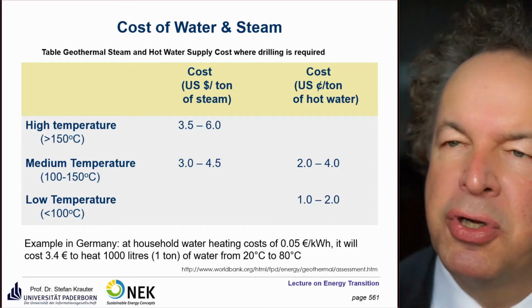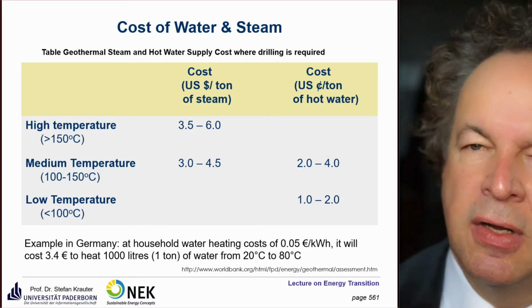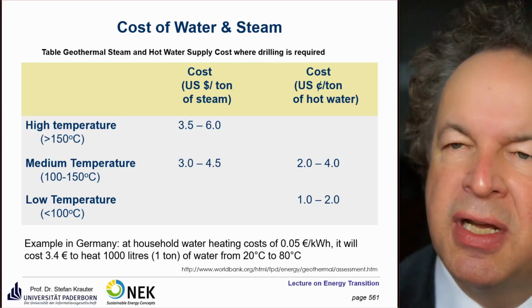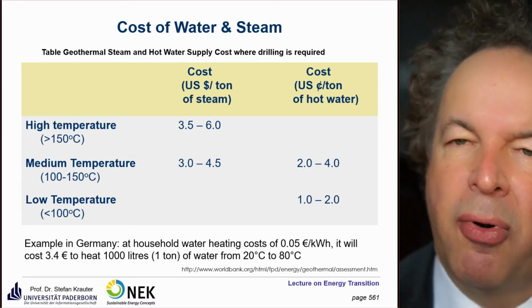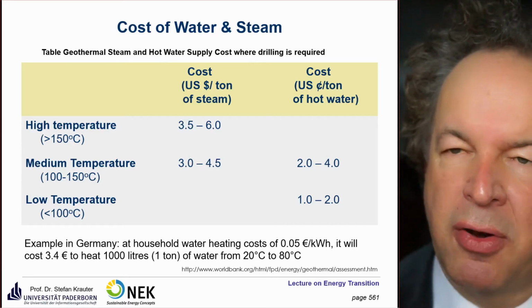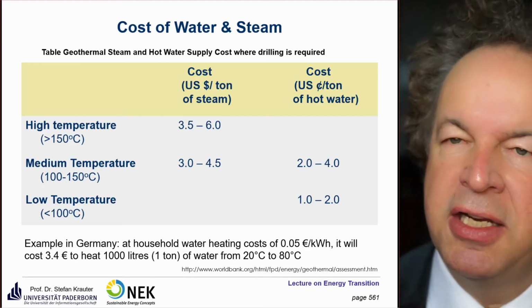For low temperature, it's only $1 to $2 per ton of hot water. To give you a comparison, in Germany household heating costs are in the vicinity of 5 cents per kilowatt hour. So you will pay about 3.4 euros to heat 1 ton, or 1,000 liters, of water from 20 degrees to 80 degrees.